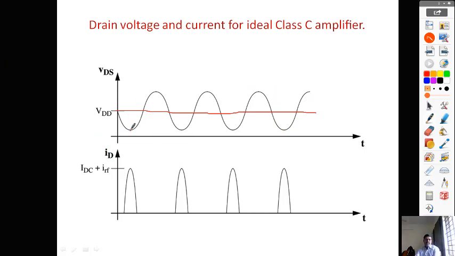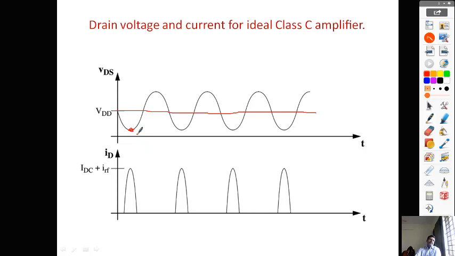When the voltage is low, it corresponds to the impedance of the channel, that is the channel which connects the source with the drain. It could be an N channel or P channel, whatever channel it is, the channel impedance will be very low, corresponding to the lower level of the voltage.